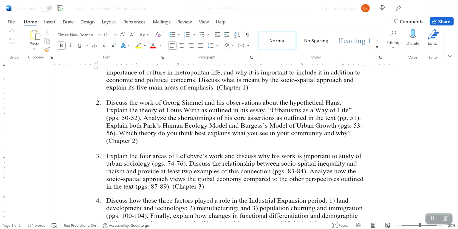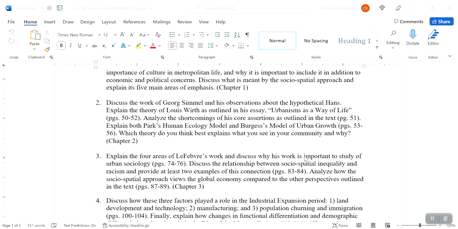And then Louis Wirth, he wrote a seminal essay entitled Urbanism as a Way of Life. And here I point out the pages to you. And there's a good discussion about that essay and why it appeared to be so groundbreaking.